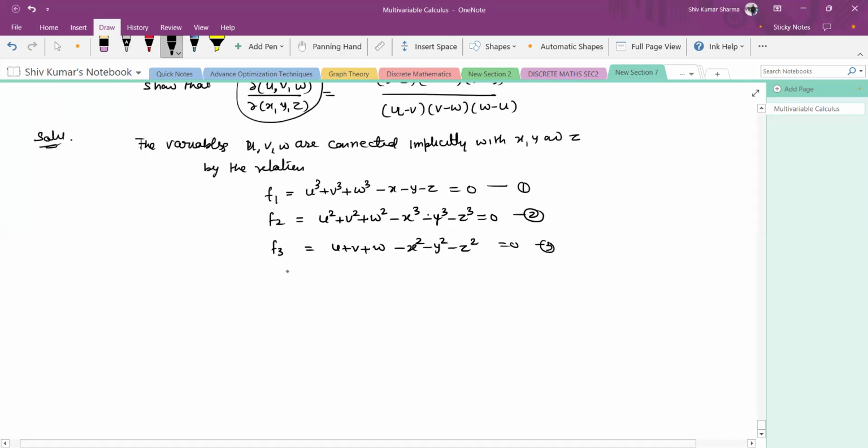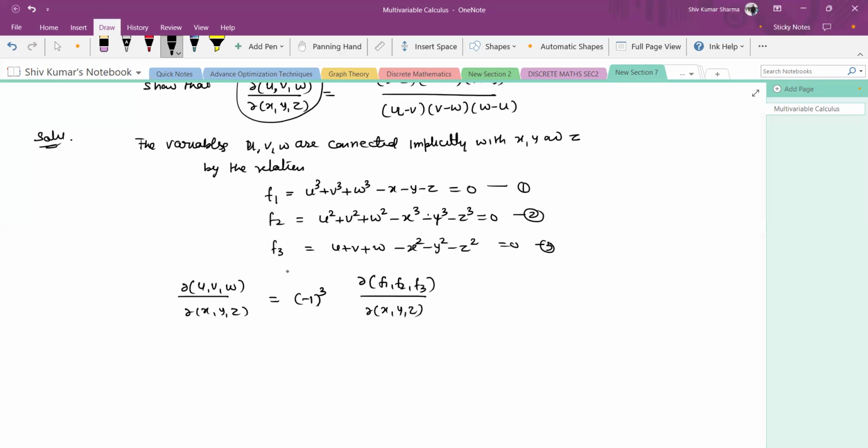Now we obtain the Jacobian of u, v, w with respect to x, y, z. This is equal to, writing the three functions directly, minus 1 raised to the power 3 into ∂(f1,f2,f3)/∂(x,y,z) upon ∂(f1,f2,f3)/∂(u,v,w).